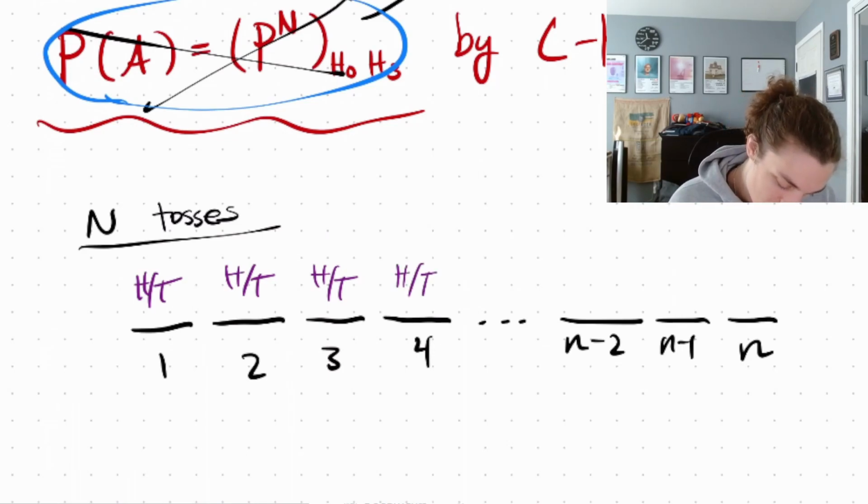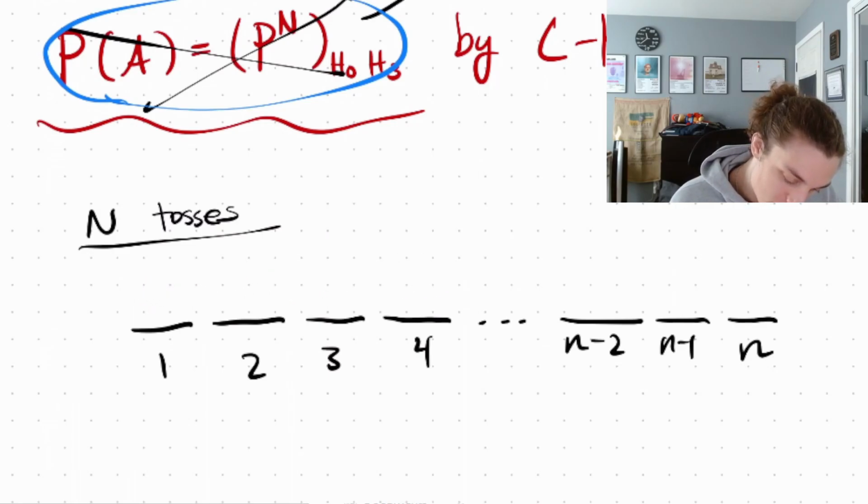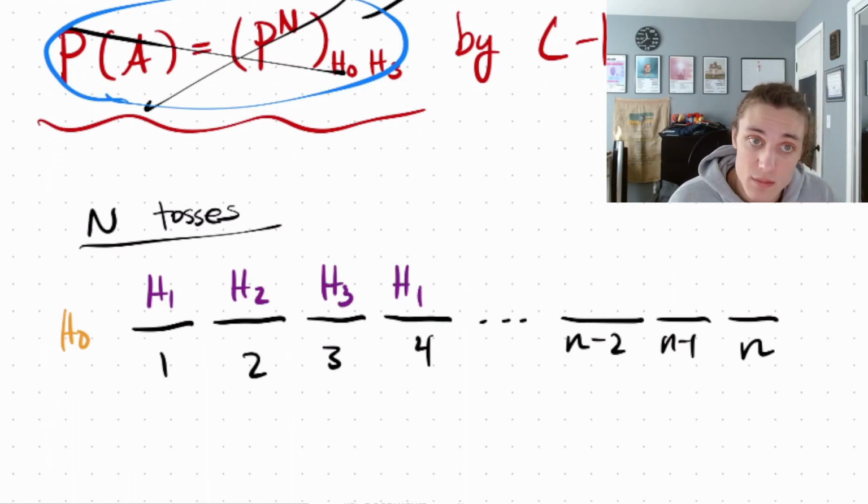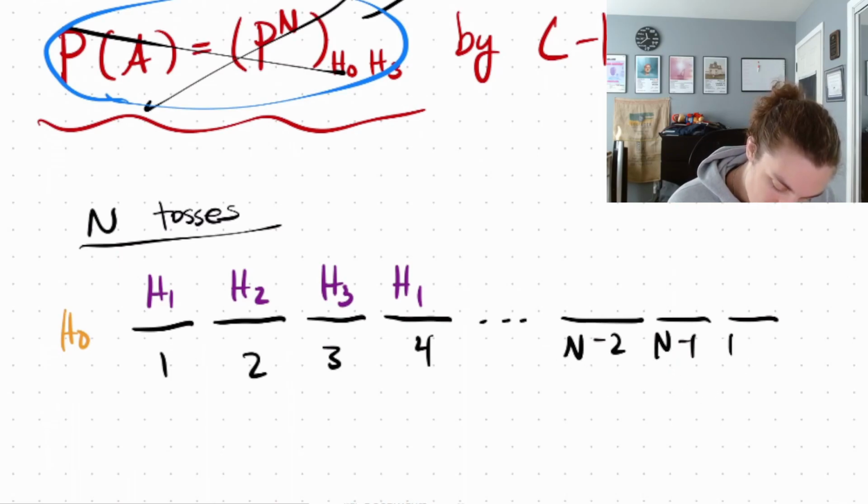Let's say we have H0. We could go to maybe H1, H2, H3, then we're back to H1, and we do this until we get to our n tosses. Again, this should be capital N, I apologize. N minus 2, N minus 1, N.